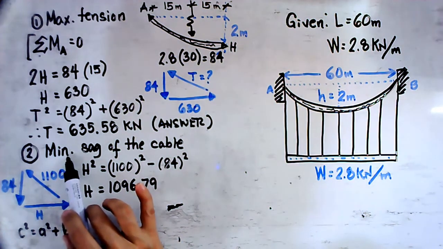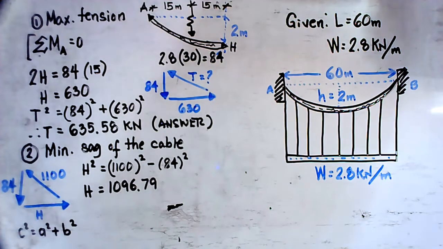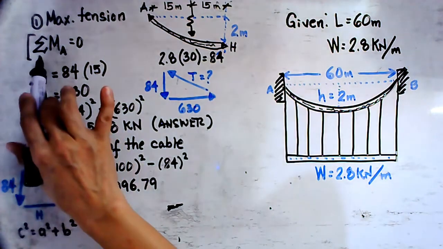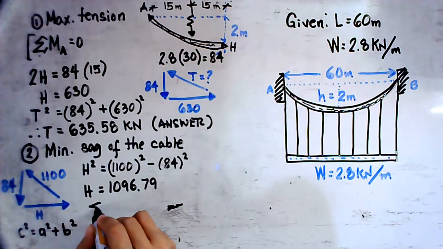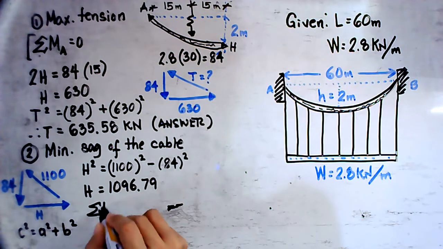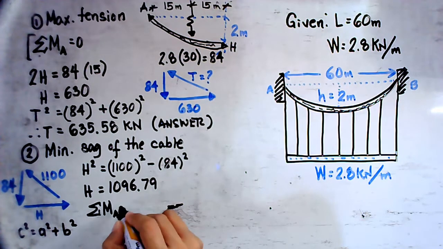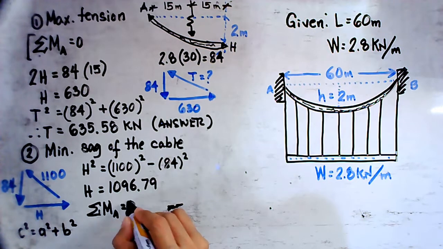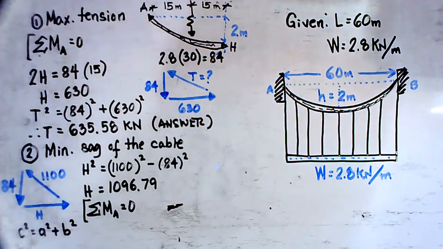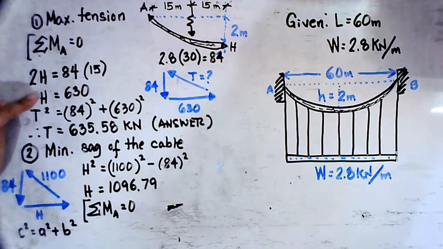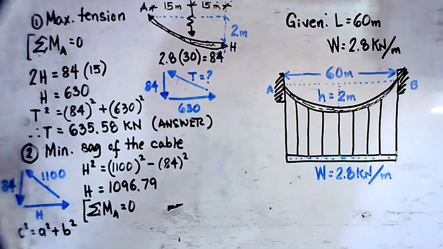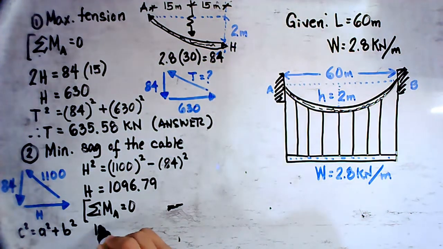But that is not yet the answer to the second question. The second question is regarding minimum sag. So with the use of the same procedure, if we take summation of moment at A is equals to 0, and this time using the condition that we had here, the value of H this time will be equals to 1,096.79.